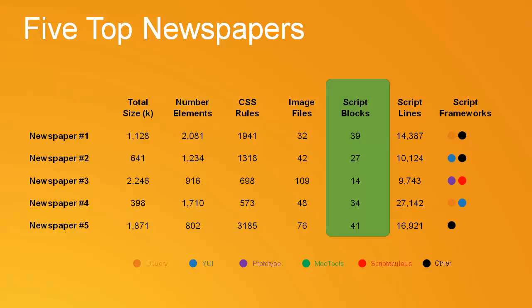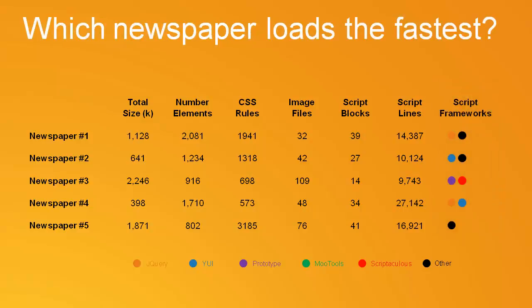Then we have some script blocks and script lines, which also have some difference, all the way from 9,000 to 27,000. And then the script frameworks that they use. Here we have found that they used things from jQuery to Yahoo UI, Prototype, MooTools, and Scriptaculous, but they also use some sort of homegrown script framework. And we're going to see the impact that that has in terms of the time. So which paper loads faster?